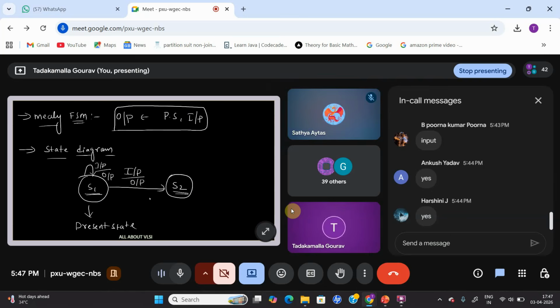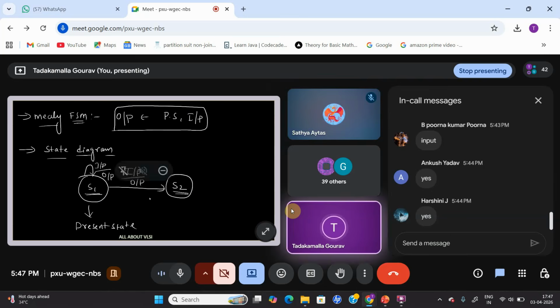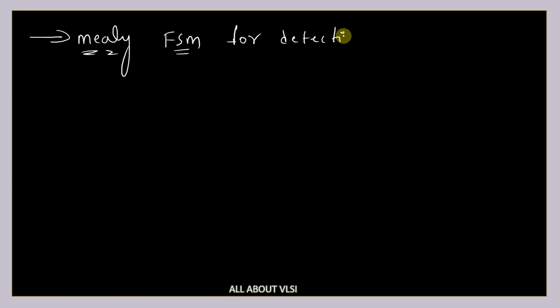Now, let's say I want to design a Mealy FSM for detecting sequences. Generally this Mealy FSM you might have seen for sequence detectors. These are mostly and mainly asked, so let us have this discussion.